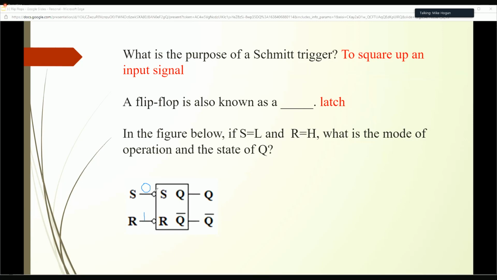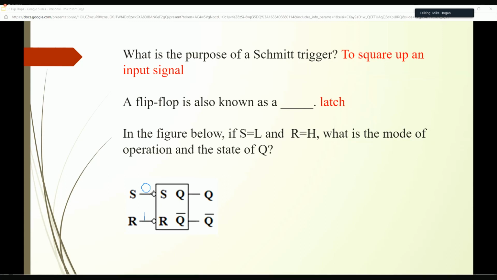Here, since I've got this state indicator on S, that tells me that it's active low. I've also got one on R. It's active low. And so the active input is here, that 0 on S. So that means it's going to be in set mode, right?